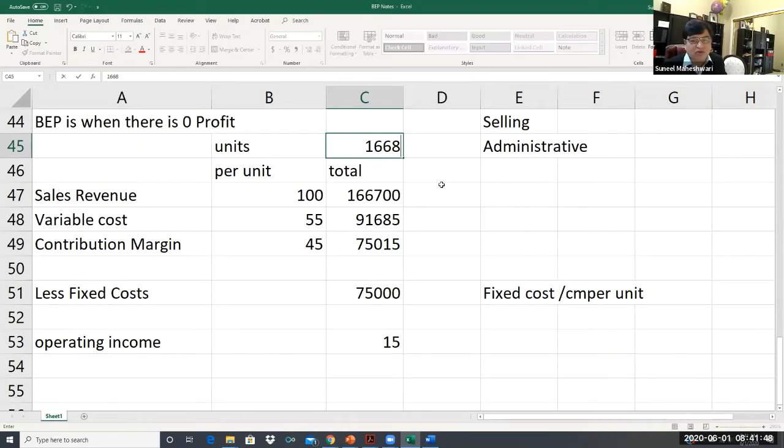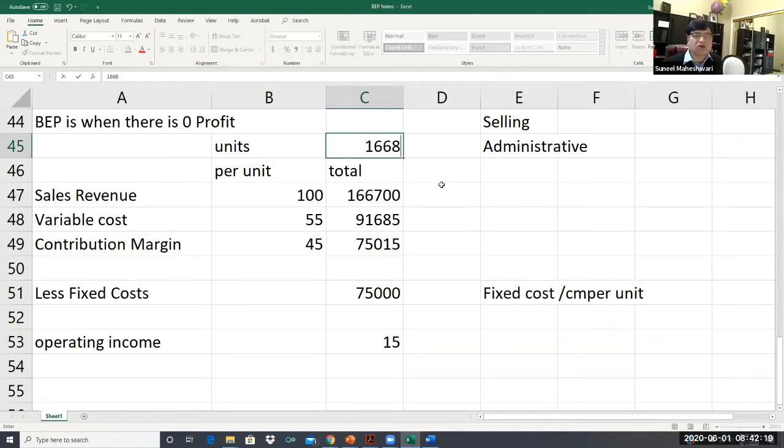If you sell one unit more than the break-even point, assume 1667, your profit should go up by how much? Not 15.